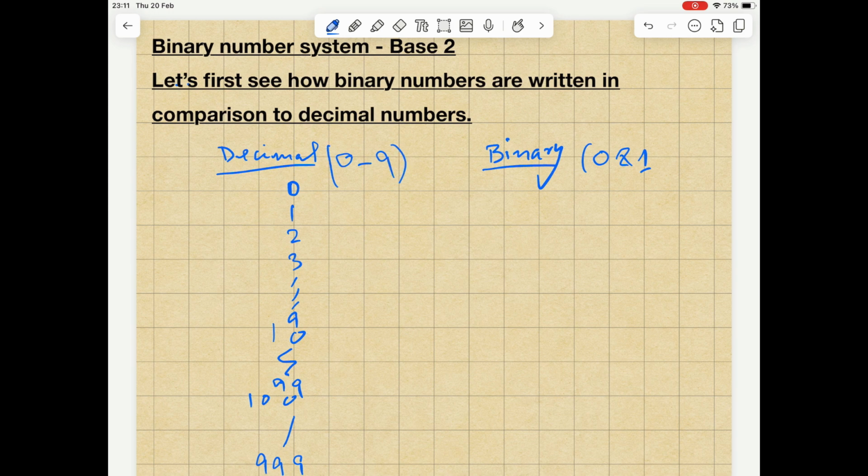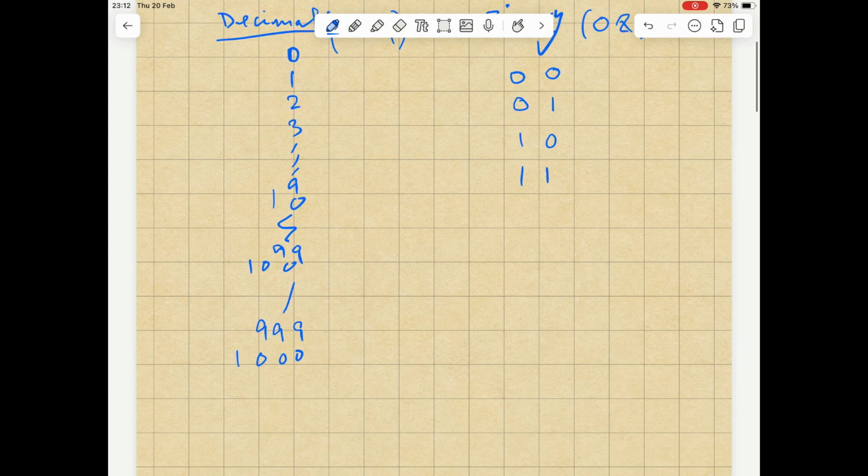So the first we write is 0, 1, and then 0 0, and then 0 1, and then 1 0, and then 1 1.